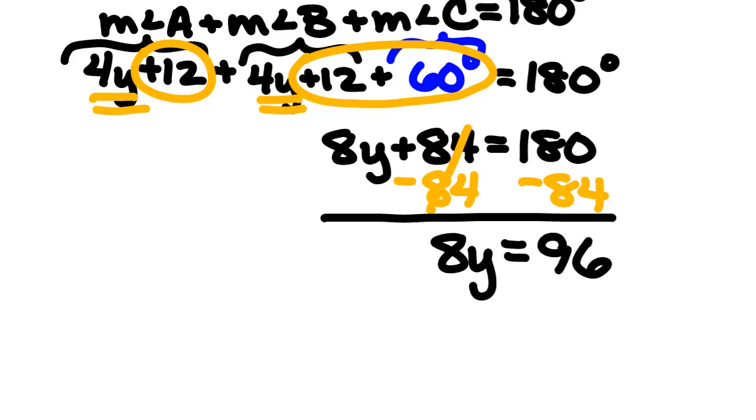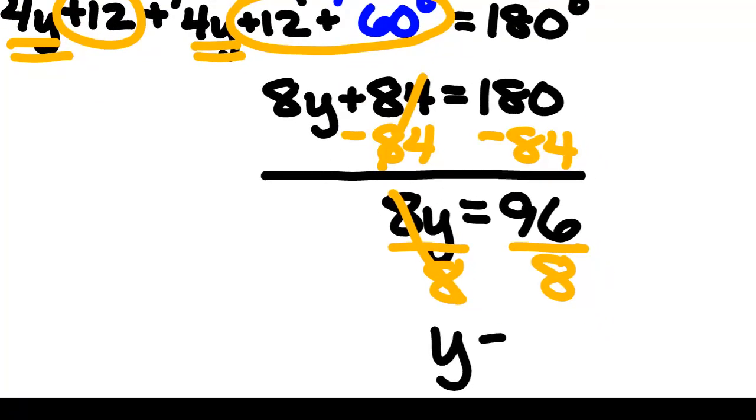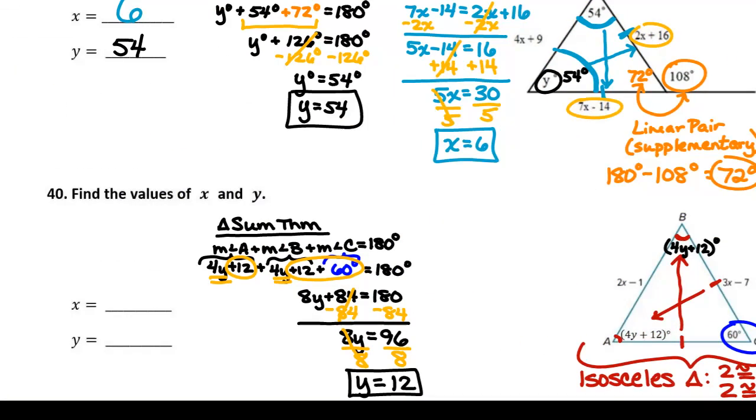Then we divide both sides by 8. 96 divided by 8 gives me what? 12. So y is 12.